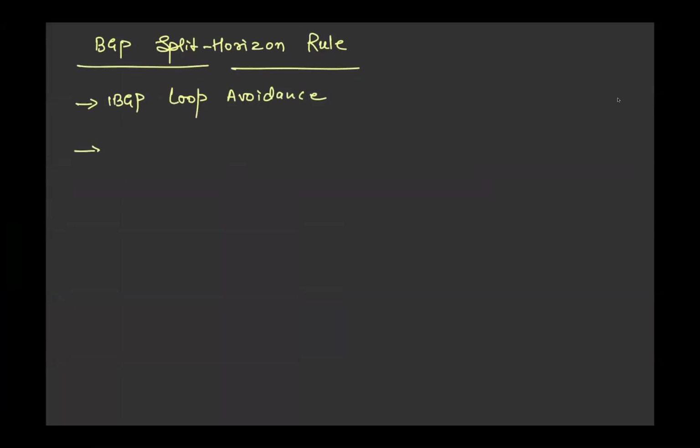And what does the rule say? Like it will not advertise the route information back to the router from where it got it, or also it will not send it to the next router.